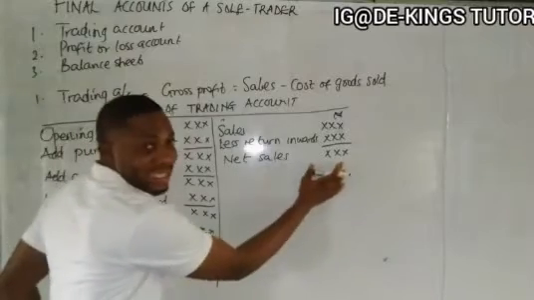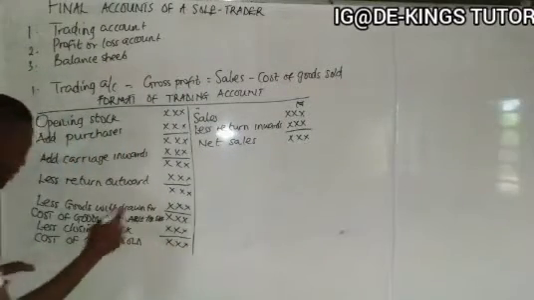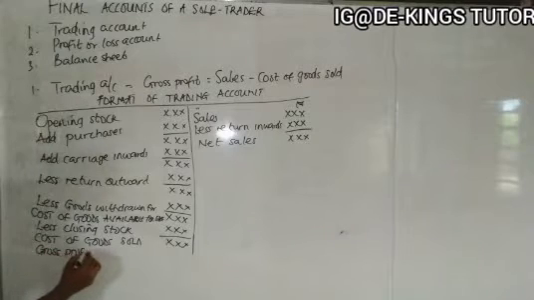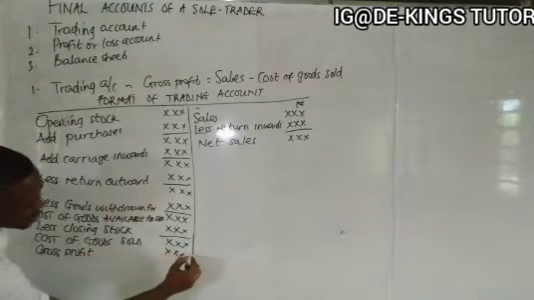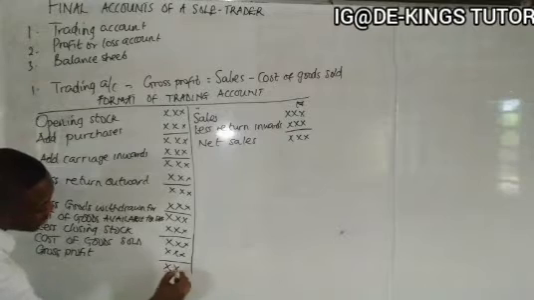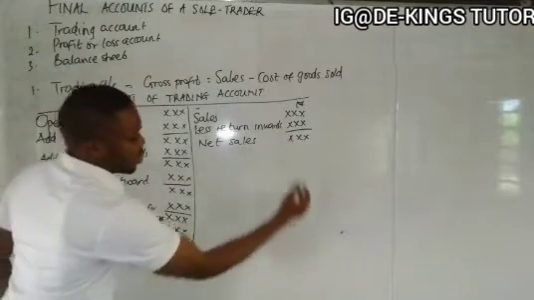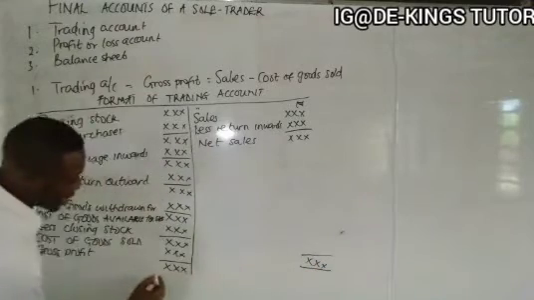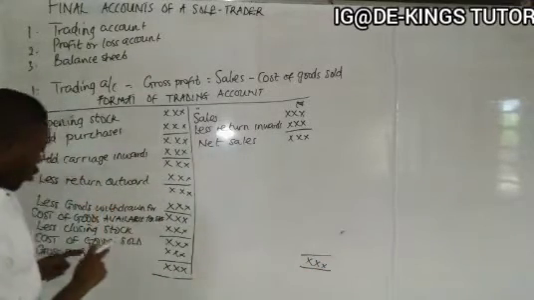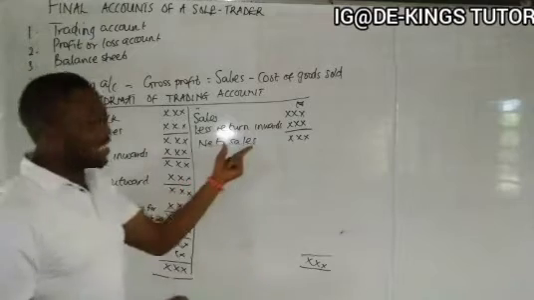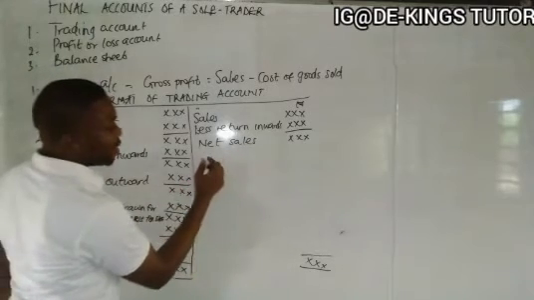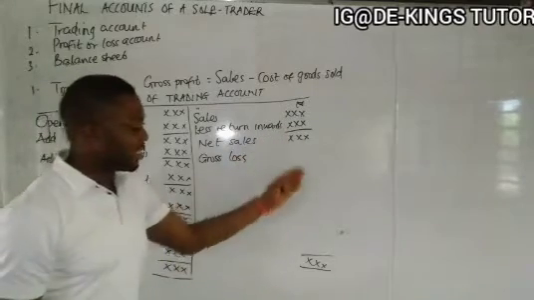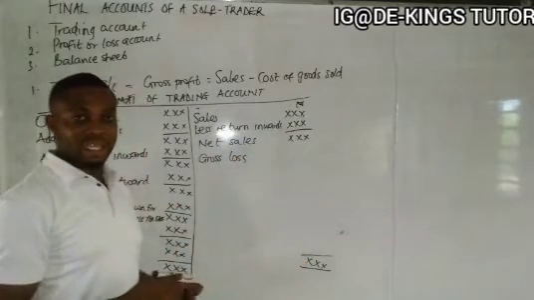If this part is greater than this, we'll have our gross profit at this point, so that it can balance automatically. But if the cost of goods sold is greater than this, what we'll have here is what we call gross loss, so that it can balance also automatically.